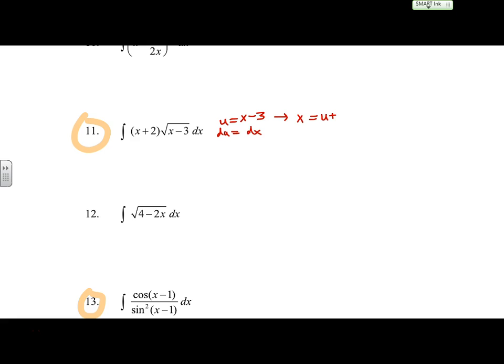Then you solve for n. And you can plug in for x, plug in e plus 3. Now I can legally combine.